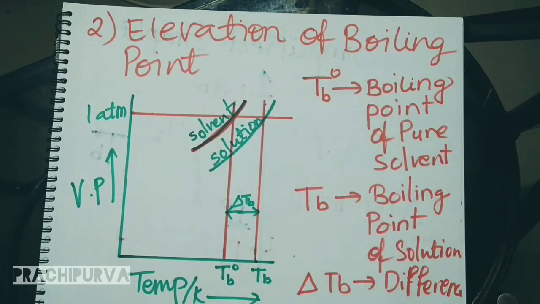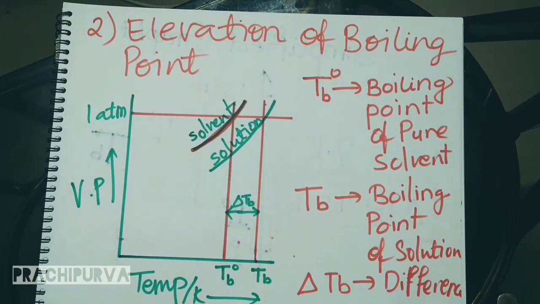So boiling point is nothing but when you start boiling a liquid. It will boil at a certain temperature. Before that, it starts making vapors. Slowly that vapor starts increasing. Those vapors create vapor pressure on the solution, on that solvent, on that liquid.